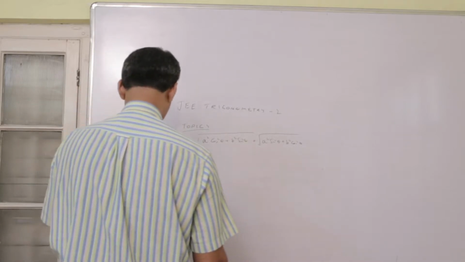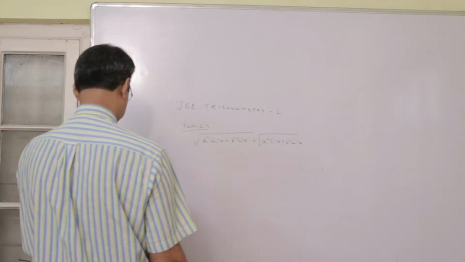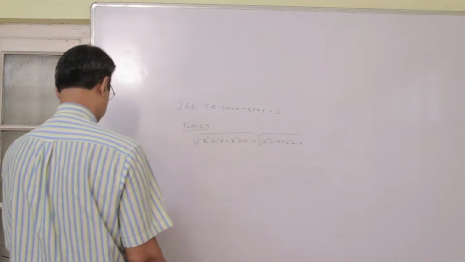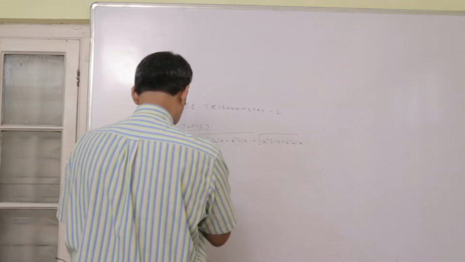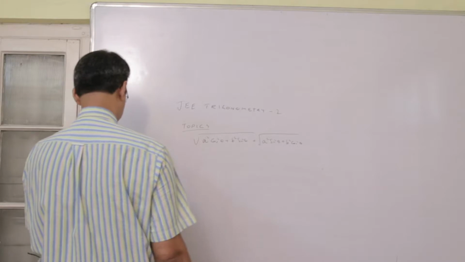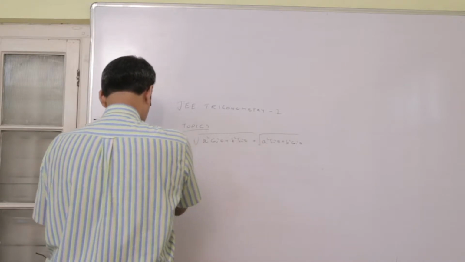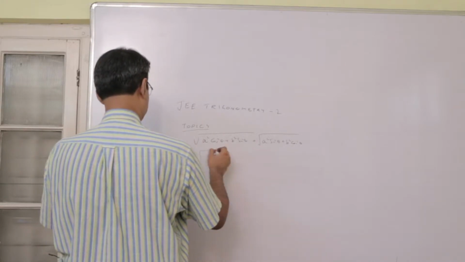Root over a square cos square theta plus b square sin square theta plus root over a square sin square theta plus b square cos square theta. Suppose we have to find the range of this. So how do we proceed in this kind of a question?